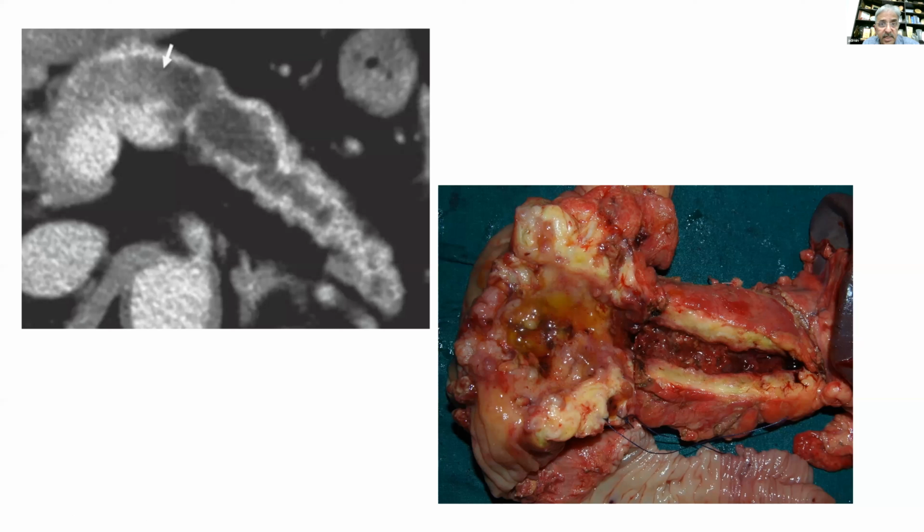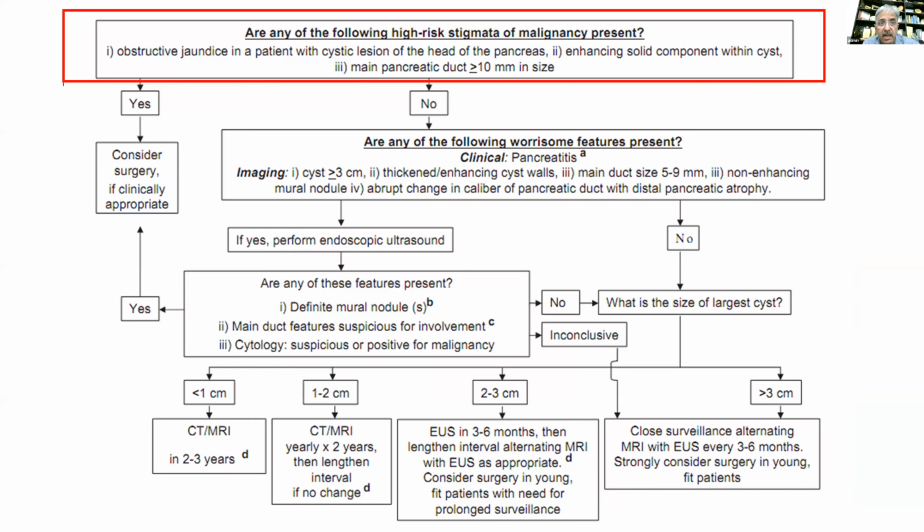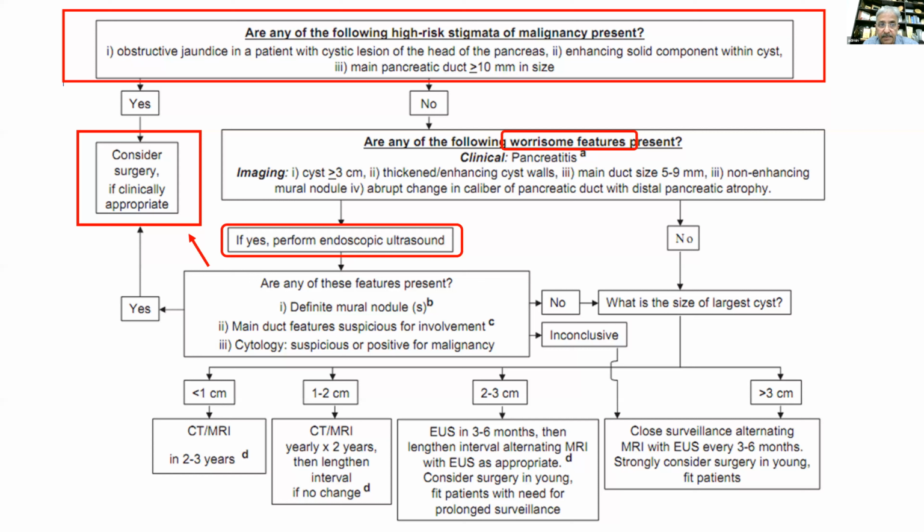If you have high-risk stigmata of malignancy, with obstructive jaundice and an enhancing solid component within the cyst, it's a no-brainer that you need resection, and there is no further requirement for evaluation. If there are worrisome features, then of course you do endoscopic ultrasound. If you find mural nodules or suspicious lesions, then you can consider surgery. But if you do not find those, then follow-up is the answer.